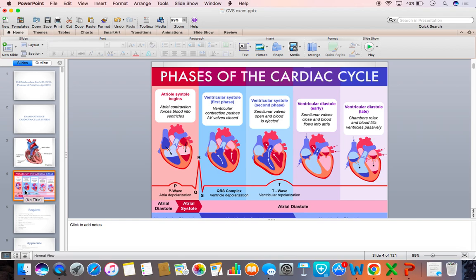So here is the slide showing phases of the cardiac cycle. This is a very important slide.